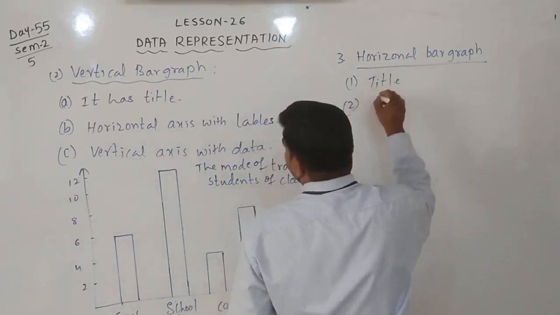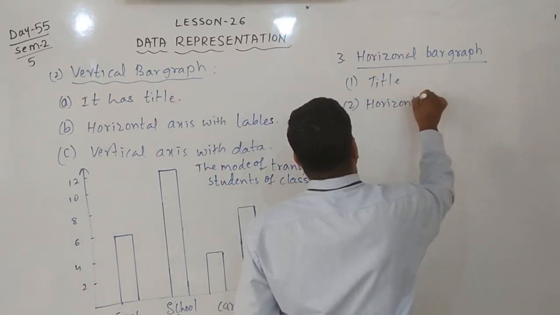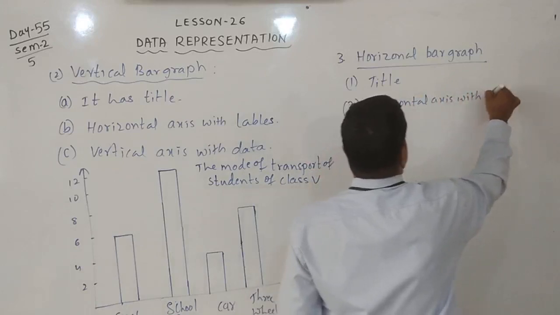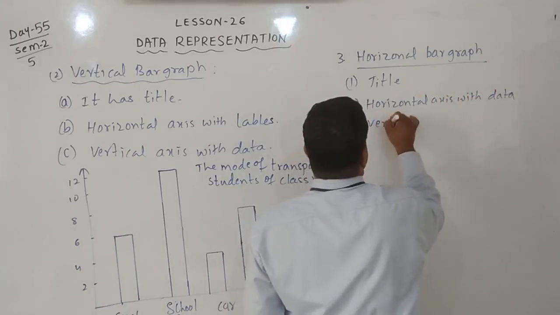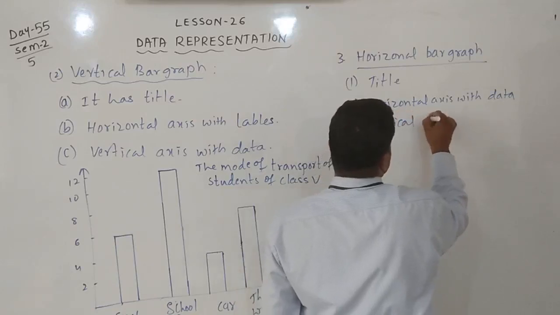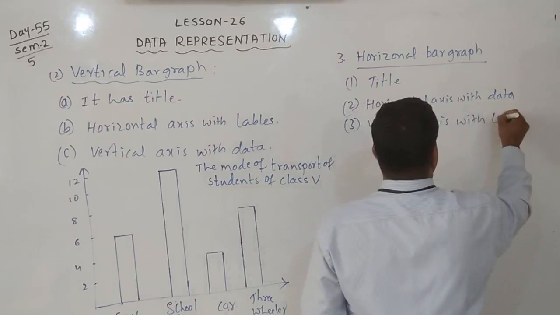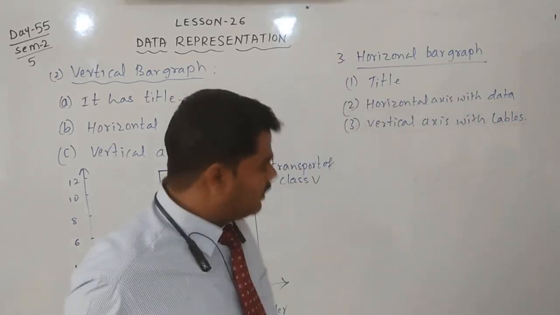Next, it has the horizontal axis with data and the vertical axis with labels. Here we can draw.